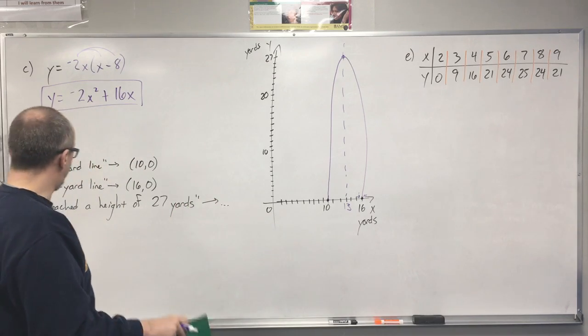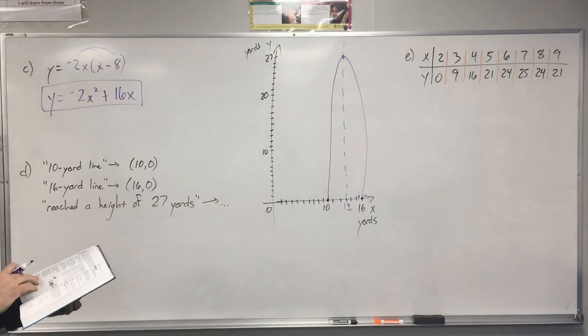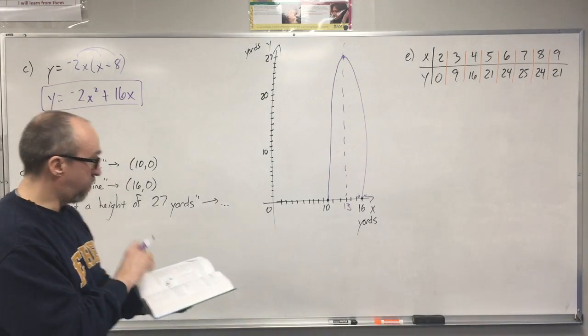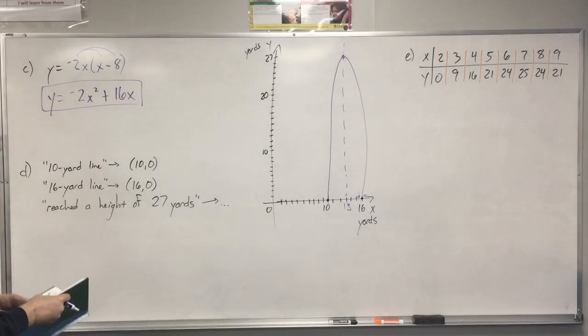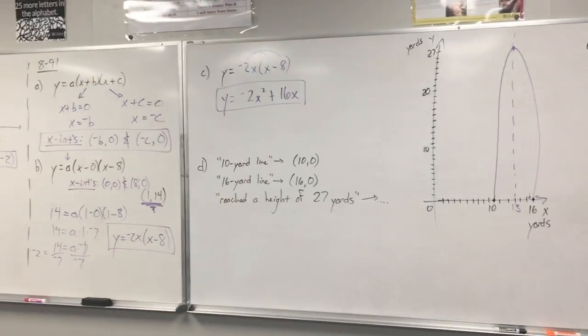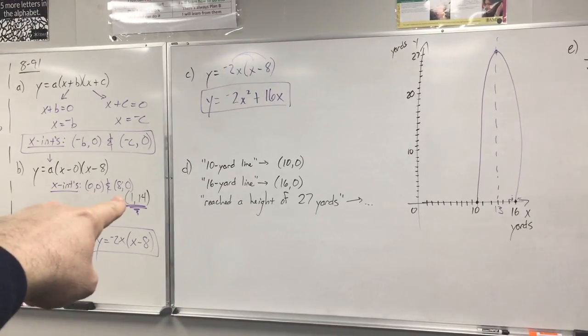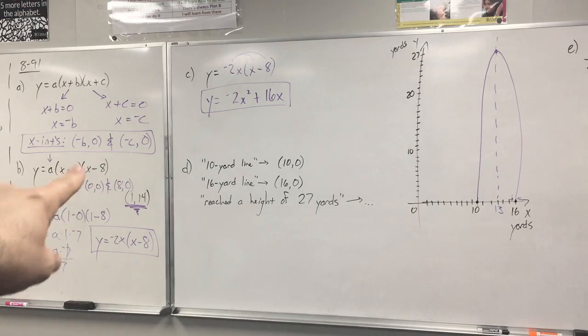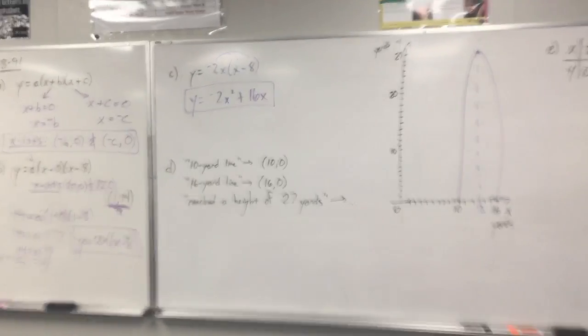So now in part D, they're saying, find a rule, their fun way of saying write the equation that represents this situation. What they're asking me to do here is exactly what we did in part B. In part B, I plugged in (1, 14) to get the A value, and then I got the equation that represents that situation. So same thing here.